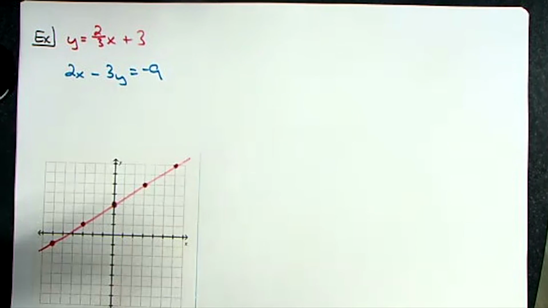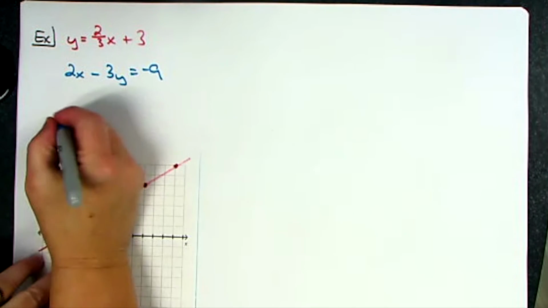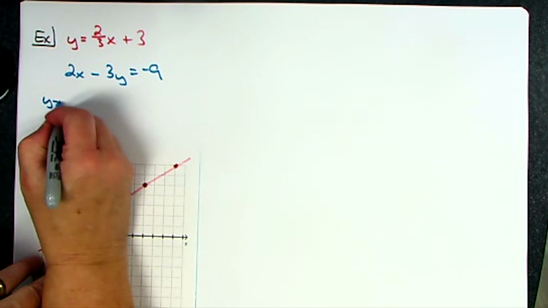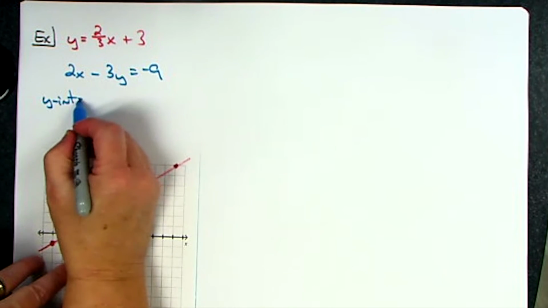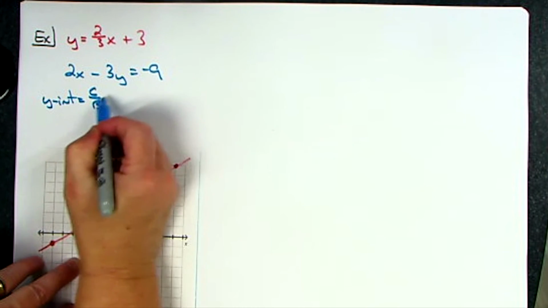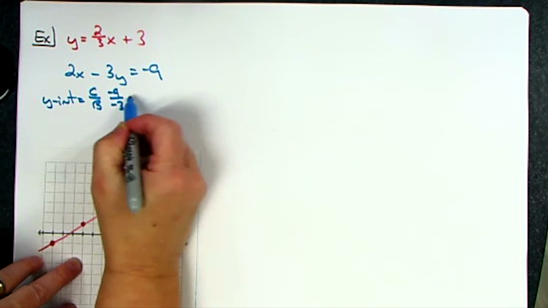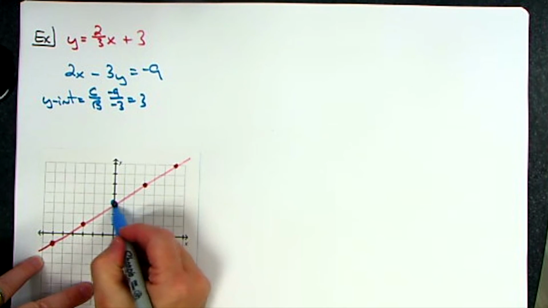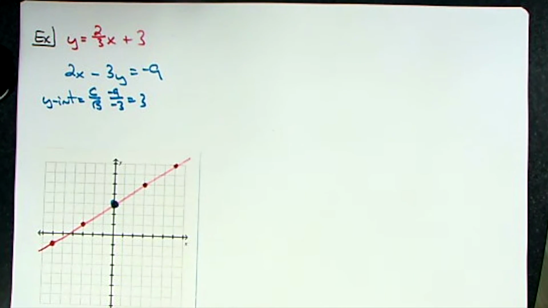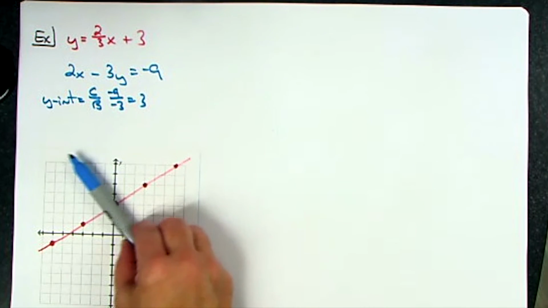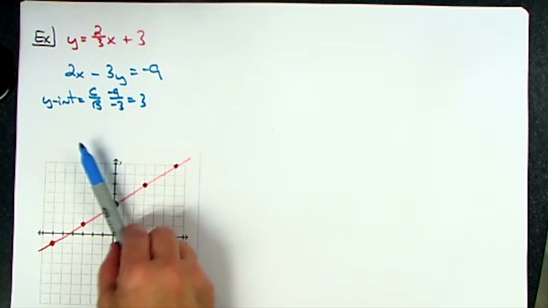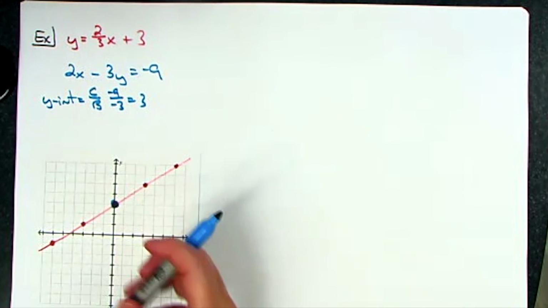So on this, I would do a little bit of thinking in my head, and then I would conclude, okay, I'm going to look at that y-intercept. We already did it verbally. It's the c over b, -9 over -3 gives me a 3. So I know it goes through right there. And then the question is, is my slope going to be an opposite sign or is it going to be the same sign?